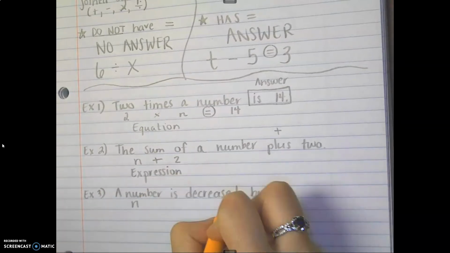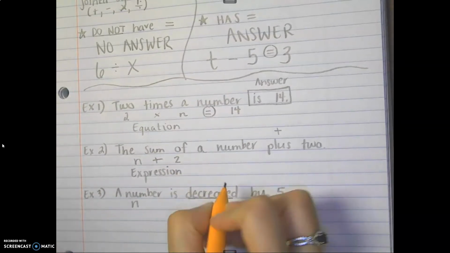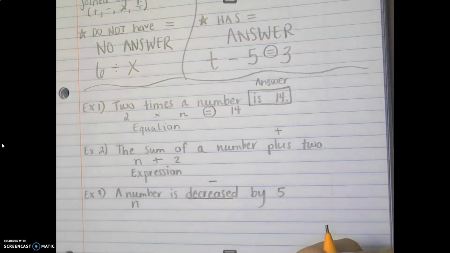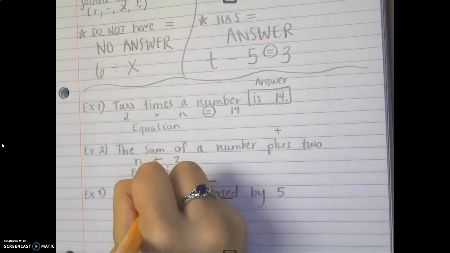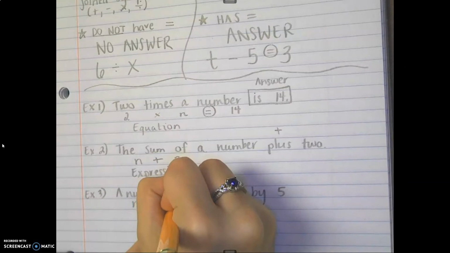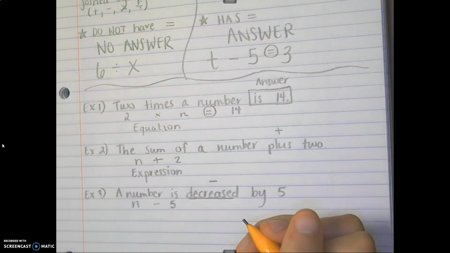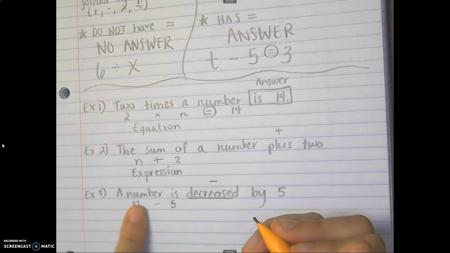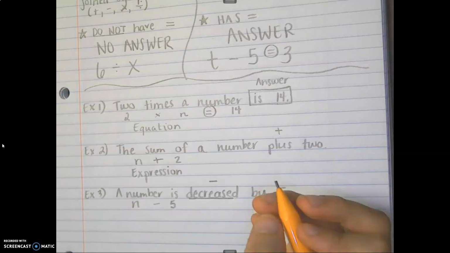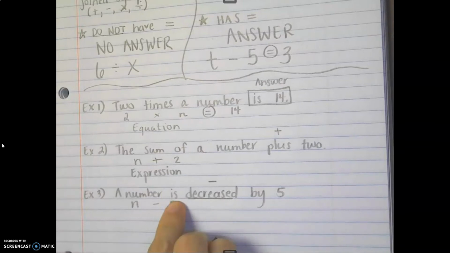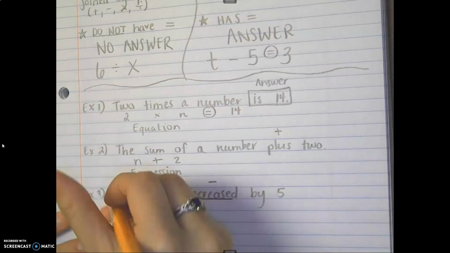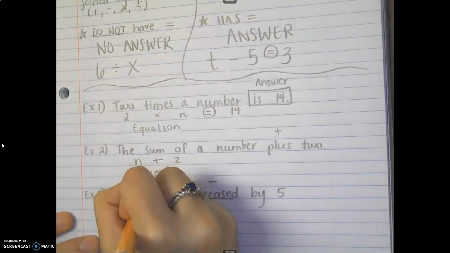So the number is being decreased, and decreased means subtract. So we're going to subtract the number by 5. Do they tell us what the answer is, or what is a number minus 5? No. Although we do see the word is, there's no number after it. So it doesn't give us an answer. So that means that this is an expression.